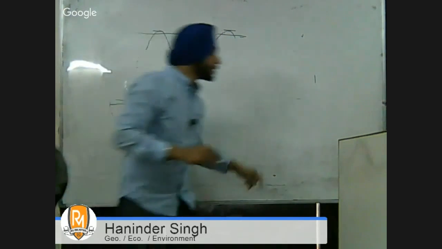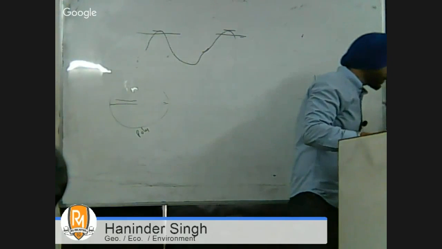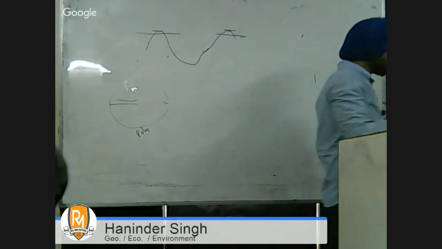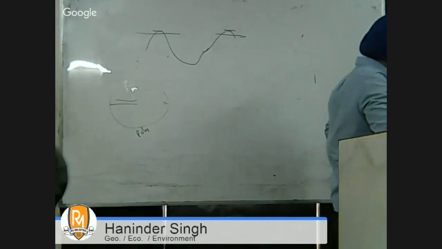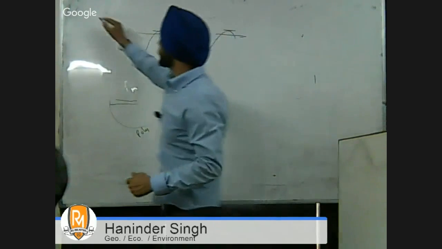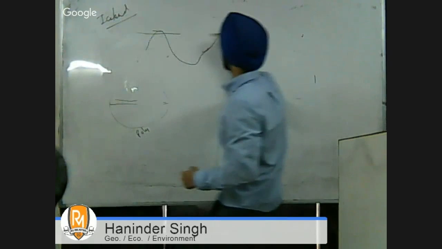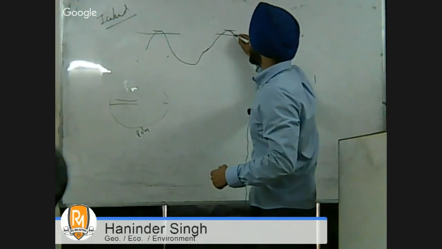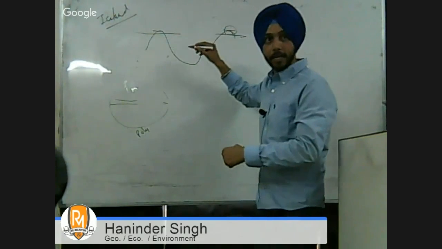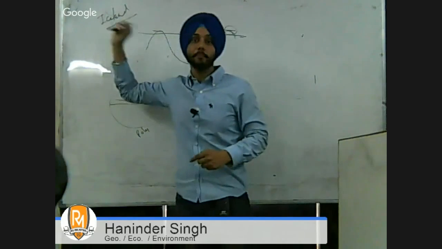So the mid-oceanic ridge can form an island when it comes up to the surface of the ocean, and Iceland is an example of this.